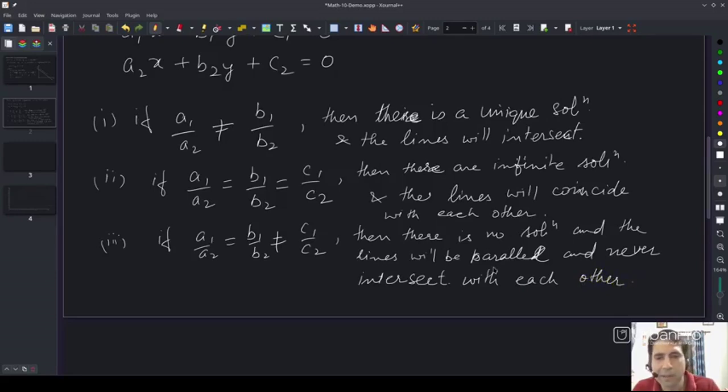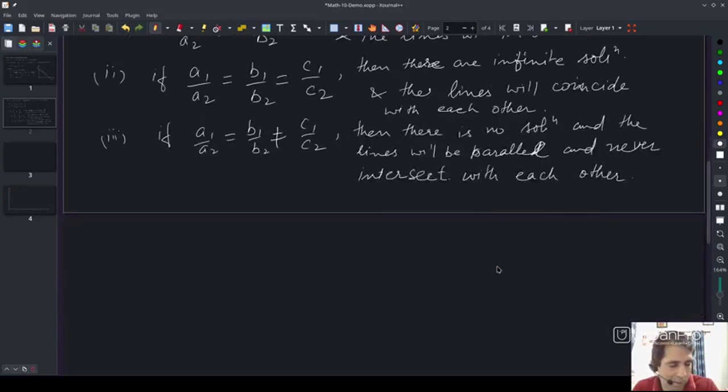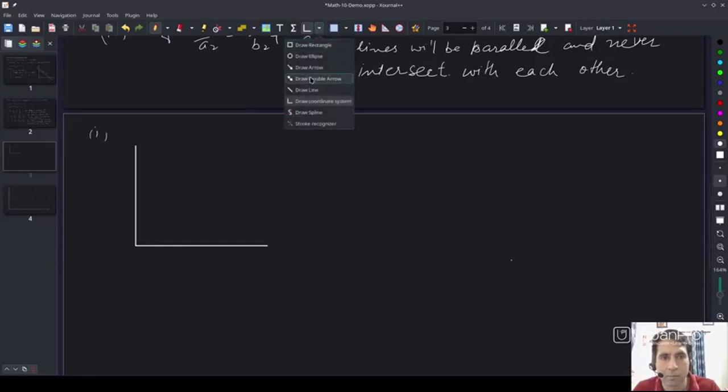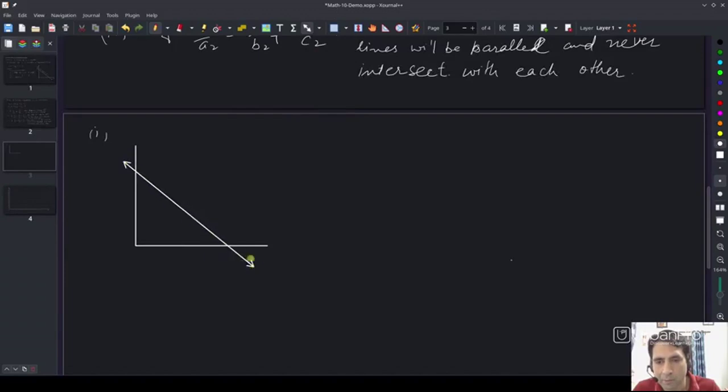So graphically these conditions can be represented as, let me make some graphs. For condition 1, there is line 1 and say line 2.